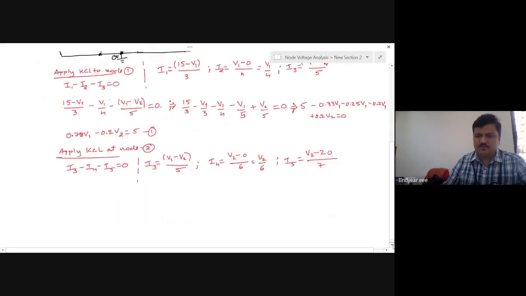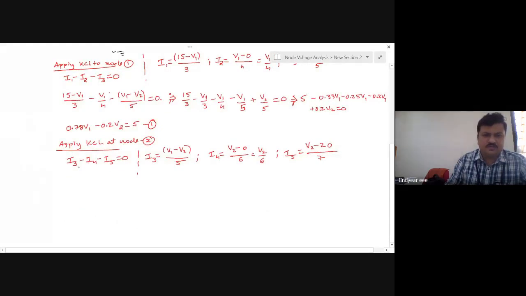Substitute all these values in this equation. So (V1 minus V2) divided by 5 minus V2 by 6 minus (V2 minus 20) divided by 7 is equal to 0.